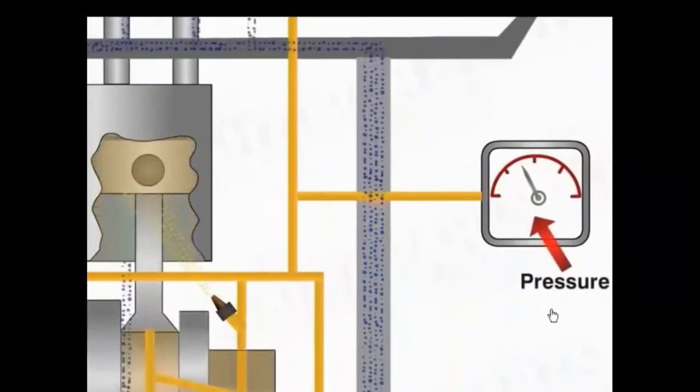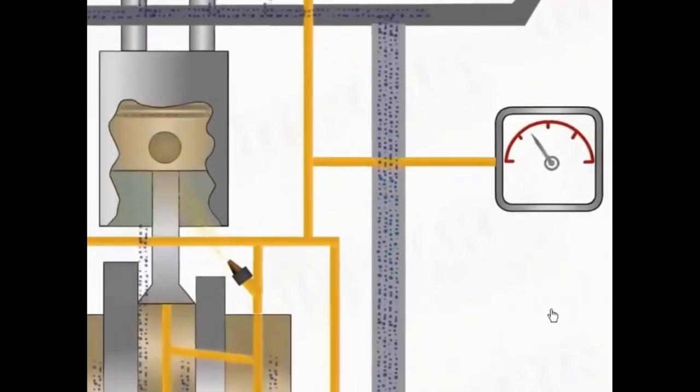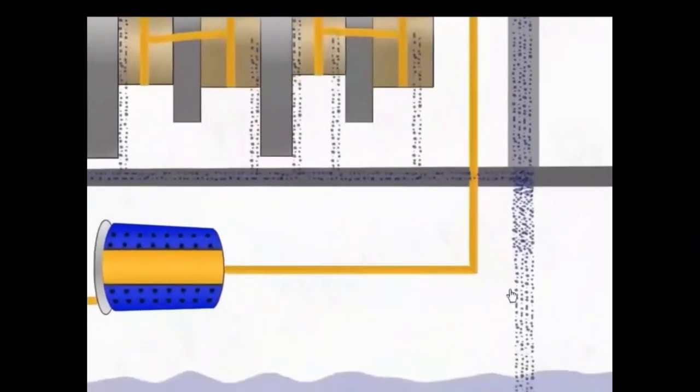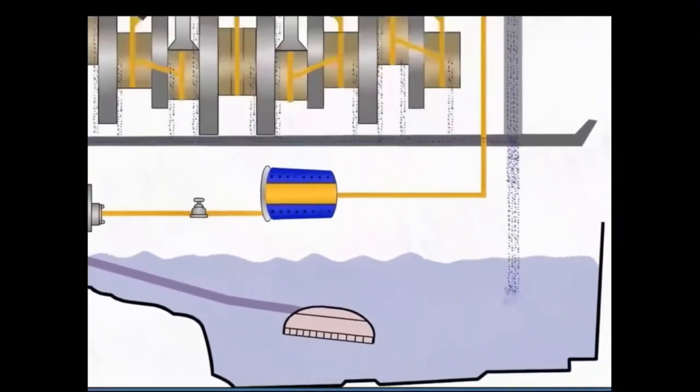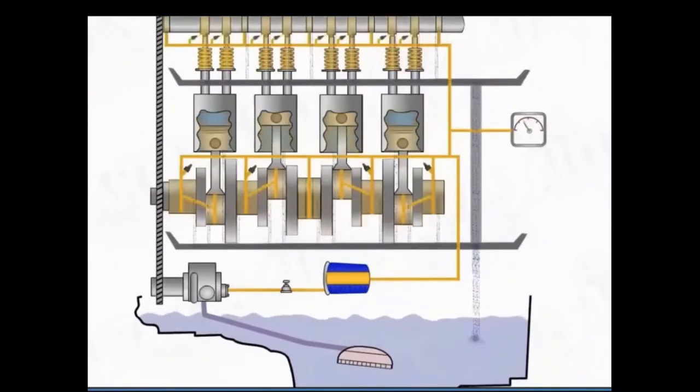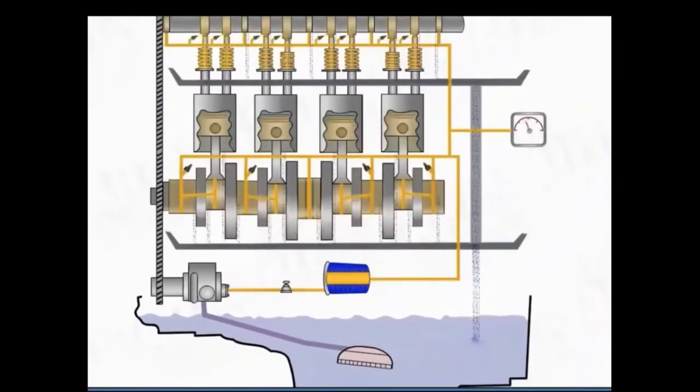Here the pressure gauge indicates the pressure of the oil. Then the oil goes back into the sump, where oil is stored. So this is our full pressure lubrication system.